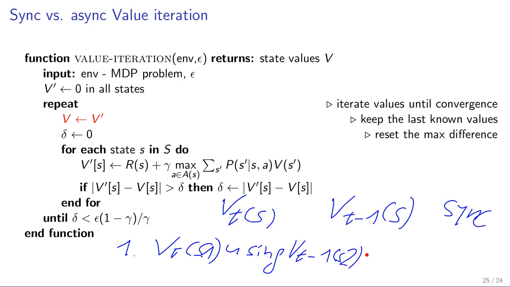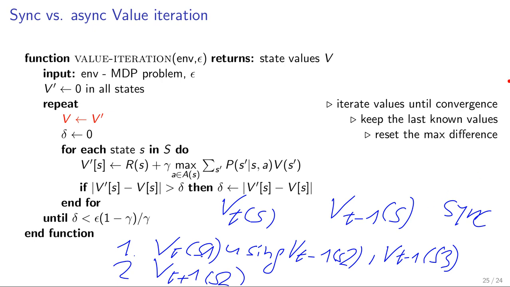Okay, sorry for my writing. And V_{t-1} of S3. Okay. And then let's say in the second step, I'm already at V_{t+1}. If we imagine the async, now I want to do, let's say, S2. And so imagine that for this now, my neighbors are still S1 and S3.